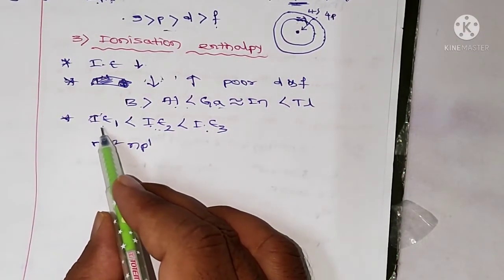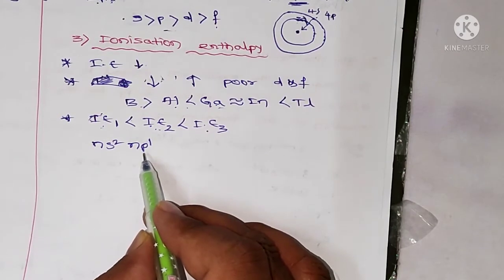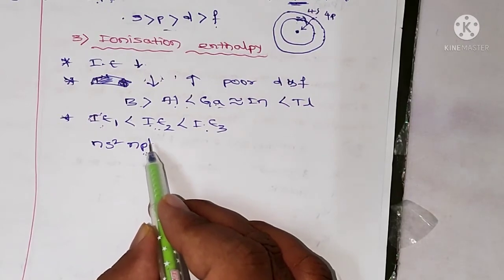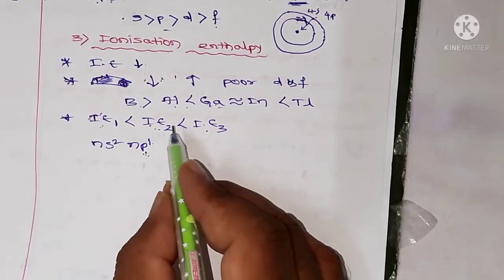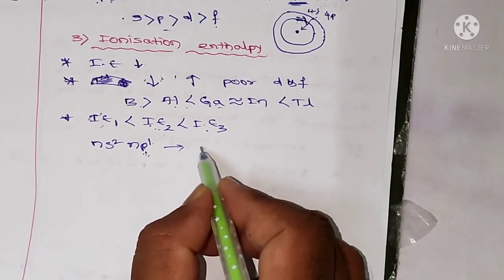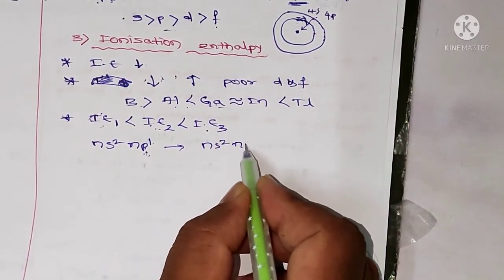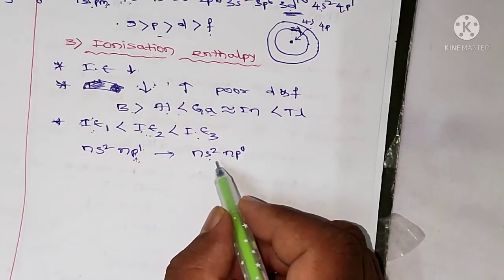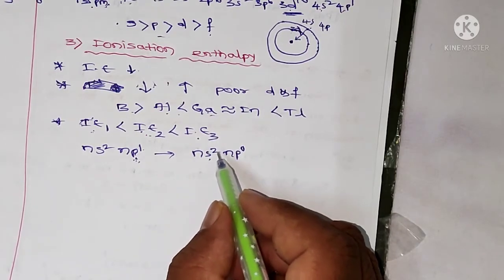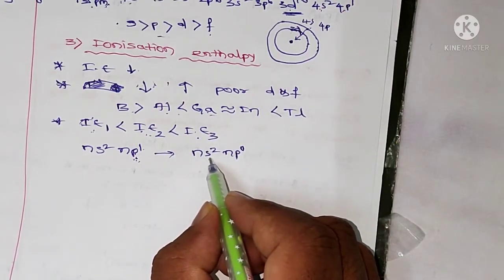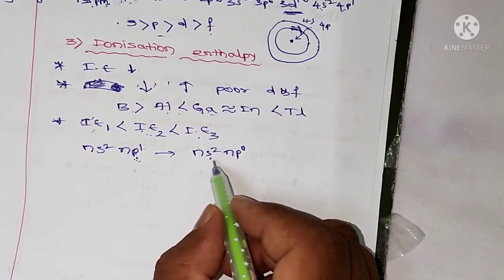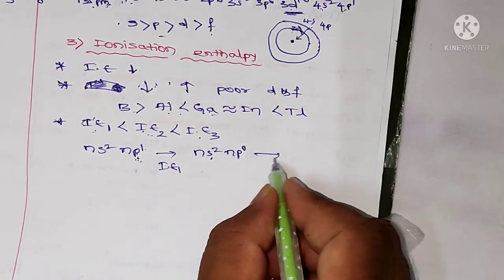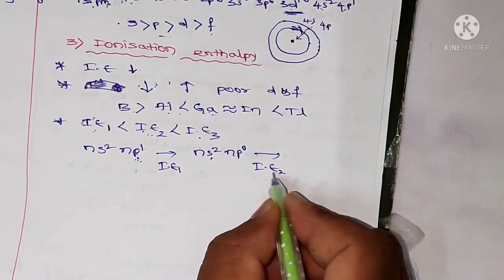So first ionization enthalpy means the electron is removed from the p orbital. Here less energy is required to remove the electron from the p orbital. After removing that electron, we have ns2 np0. The next electron is removed from the s orbital, and the energy required is called the second ionization enthalpy.